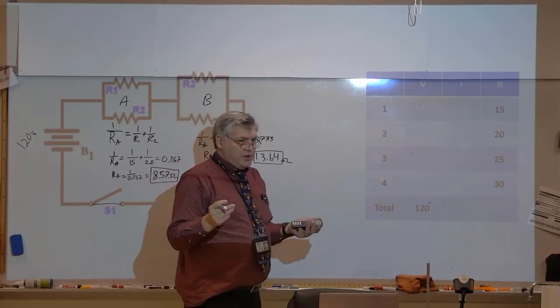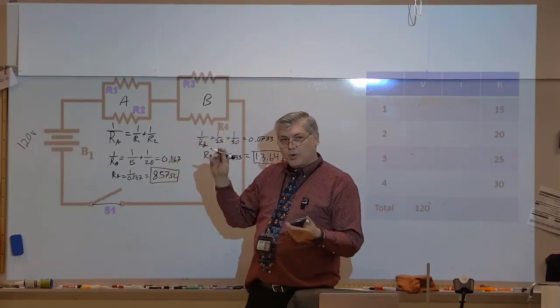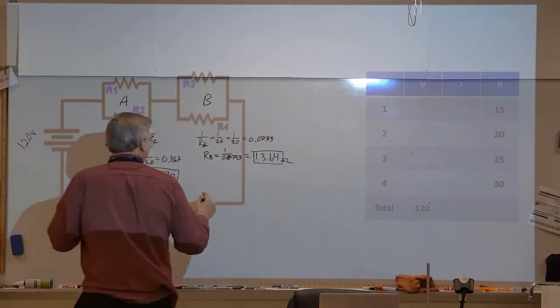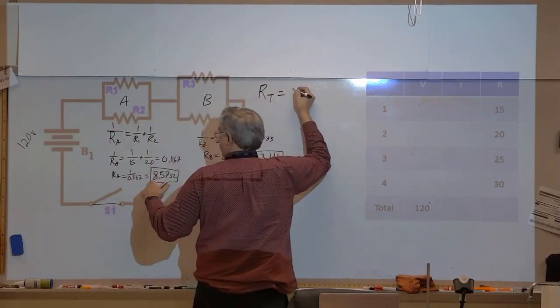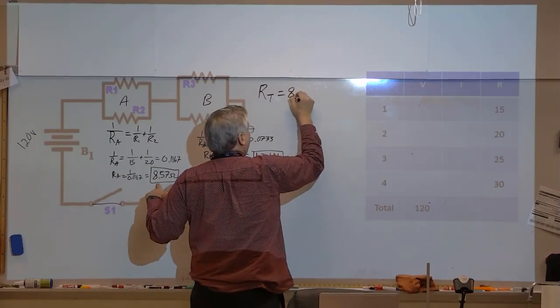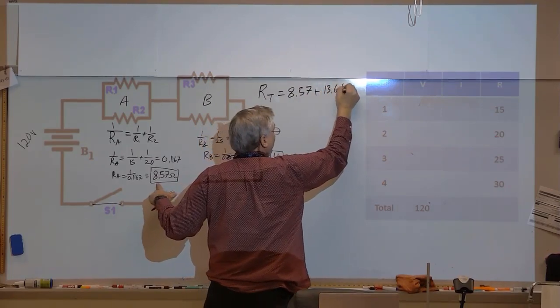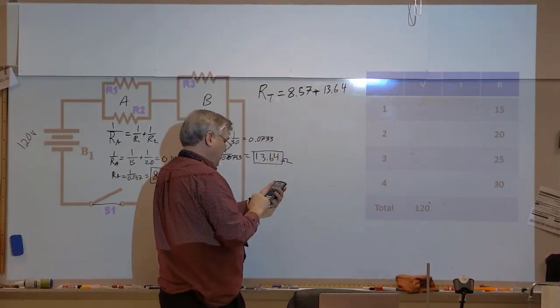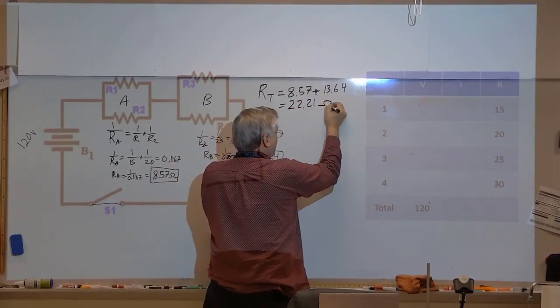Now, the next thing I need to do is I have A and B and they're in series. So to get the total resistance, I just add those together. So total resistance is going to be equal to 8.57 plus 13.64. And I end up with 22.21 ohms.